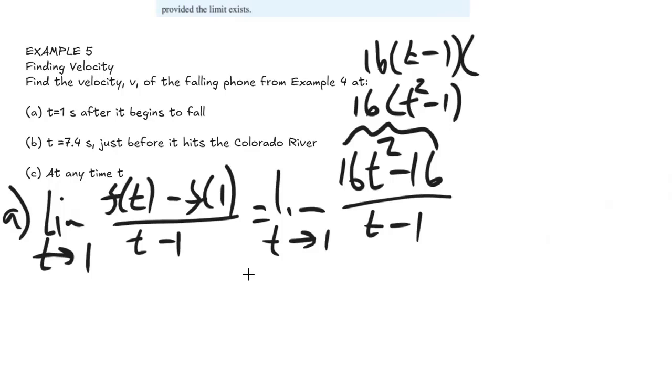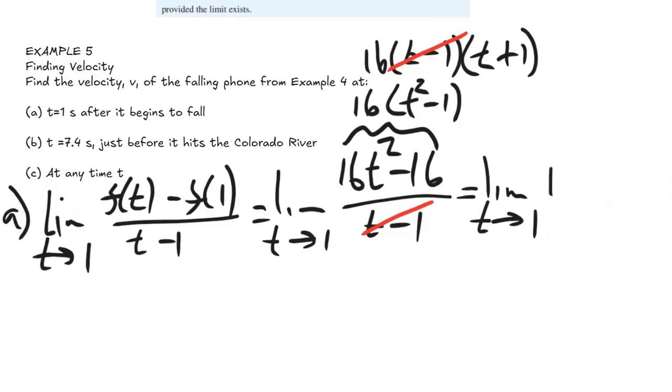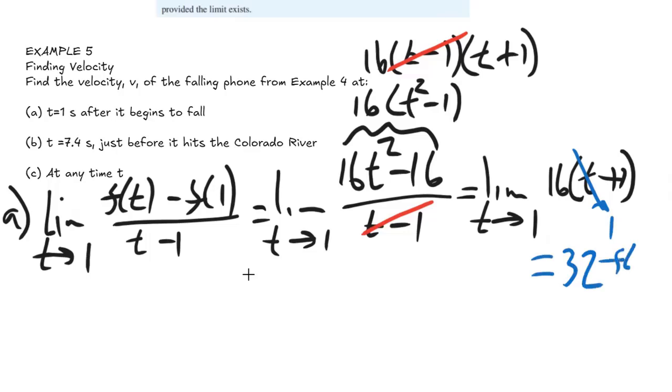So 16 times t minus 1 times t plus 1. And then the factors of t minus 1 in the numerator and denominator will cancel. This gives us the limit as t approaches 1 of 16 times t plus 1. Now, as t approaches 1, you would have 16 times 2, so this will be 32 feet per second.